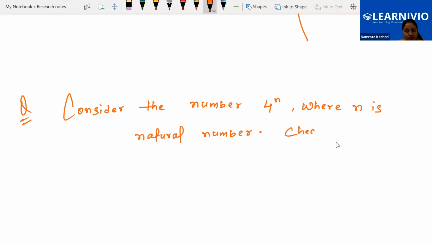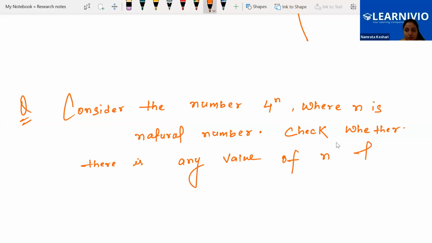Check whether there is any value of n for which 4 to the power n ends with the digit 0.